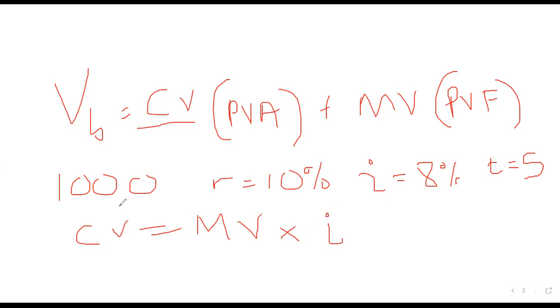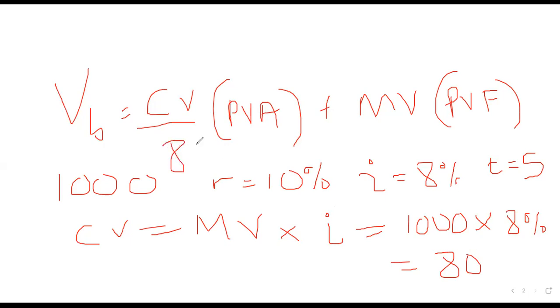This coupon rate is only meant to calculate the coupon value. So 1,000 times 8%, what do we get? 80. So at the coupon value, we're going to put 80. At the maturity value, we're going to put 1,000.